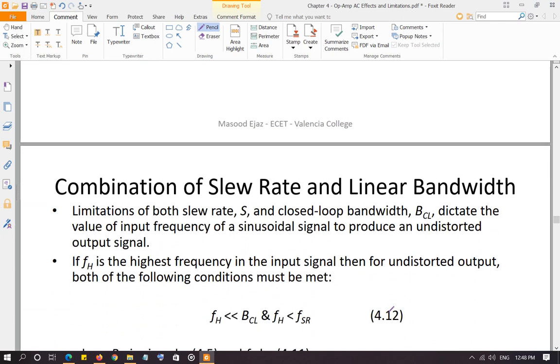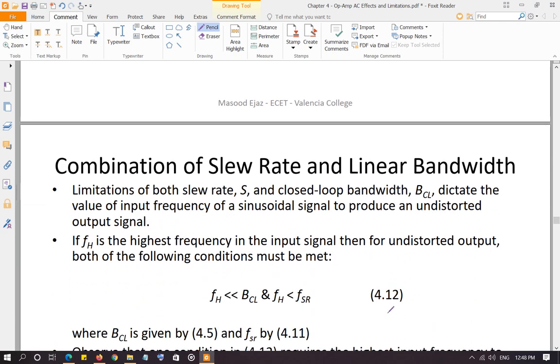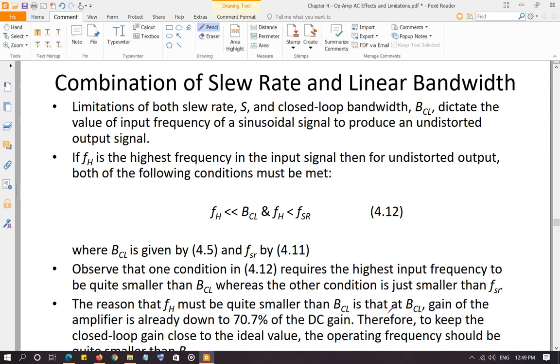Okay, now let's discuss this in the same topic because it relates to linear bandwidth and slew rate. So for any application where you're using frequency or a pulse signal, that is the rise time, you have to consider the restriction because of both the closed loop bandwidth and slew rate.